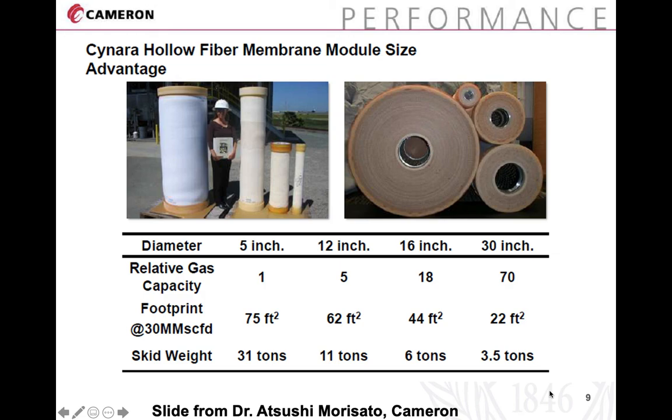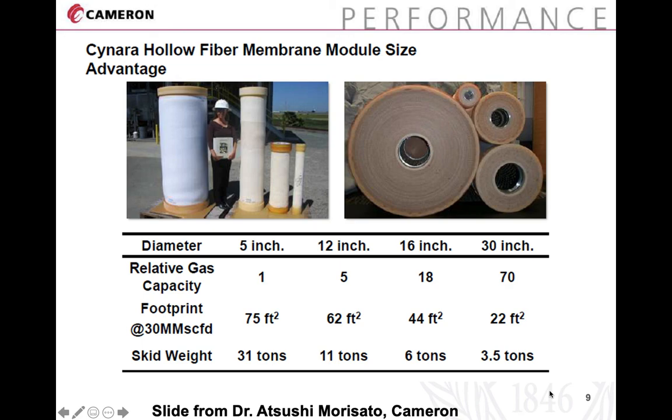As this technology progressed over the last few years, the equipment is getting bigger in diameter, 6 times bigger in diameter, but the relative gas capacity has increased 70 times. So the size is 6 times bigger than it used to be in the past, but the capacity has increased 70 times, which is, again, really, really good.